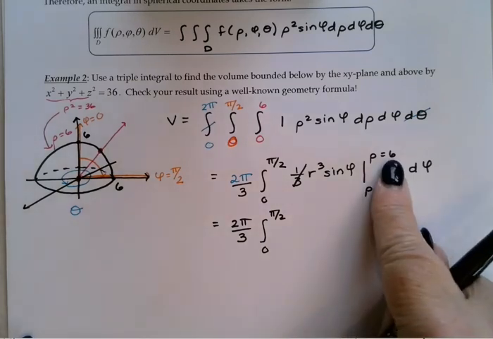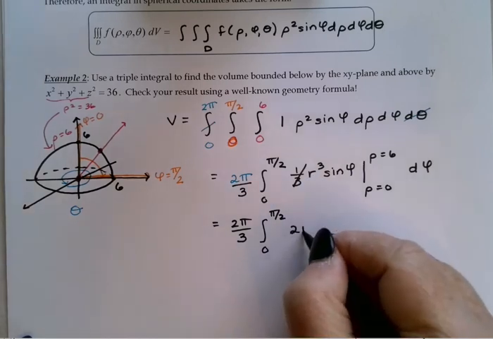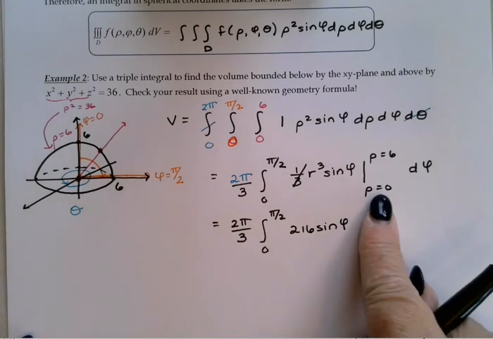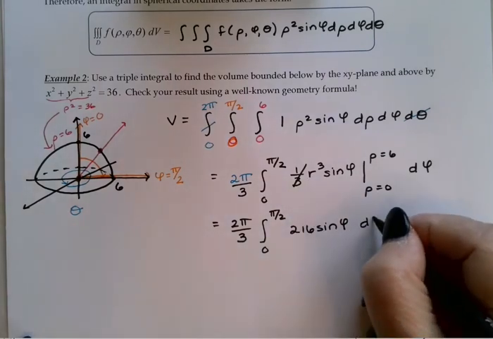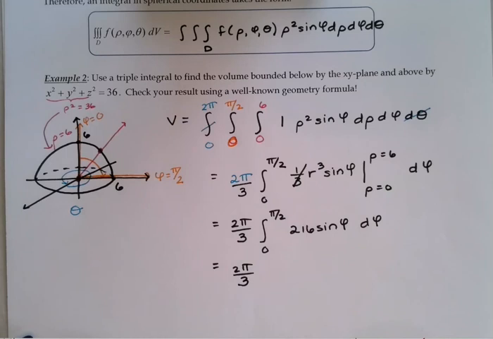And plugging in the rho equals 6, 6 cubed is 216 sine phi, minus plugging in the 0 is just going to give me 0. All right. I'm to the point where I can integrate on the calculator. Again, not a difficult integral to do, but always kind of nice just at the end to not have to do it by hand.